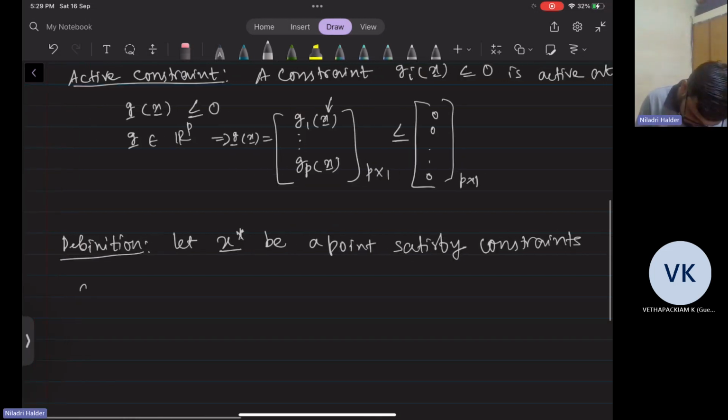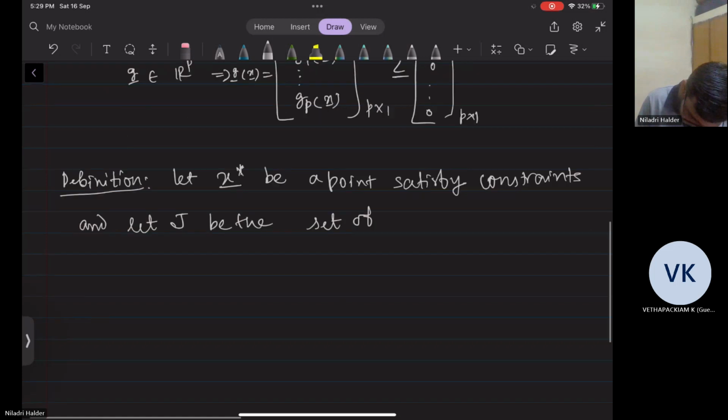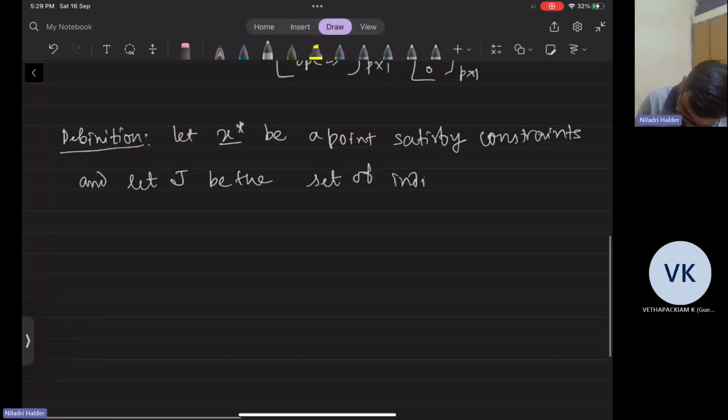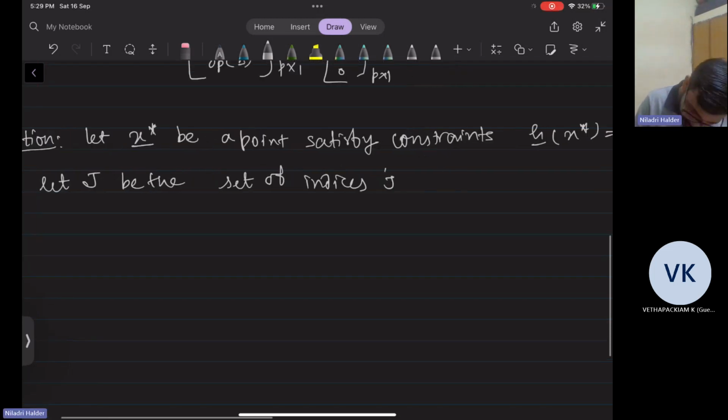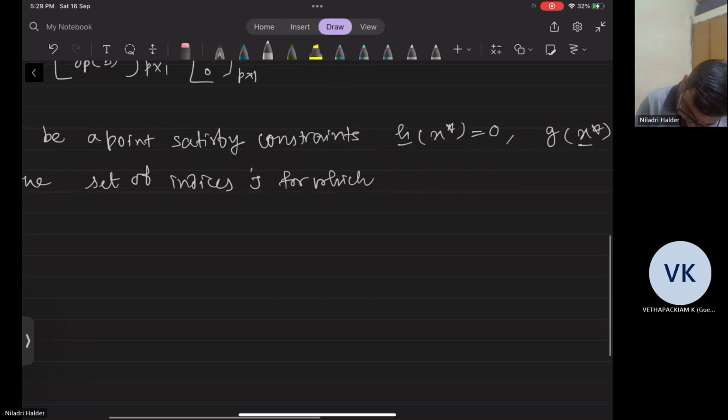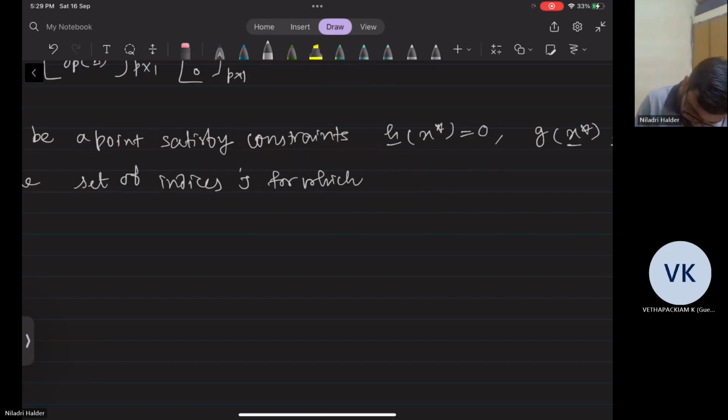Then let J be the set of indices j for which g_j of x star is equal to 0.